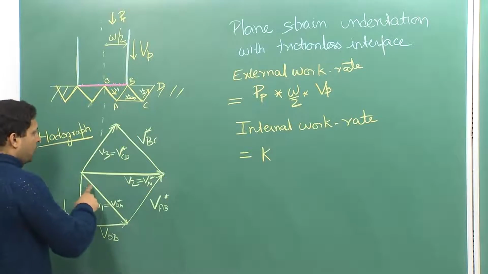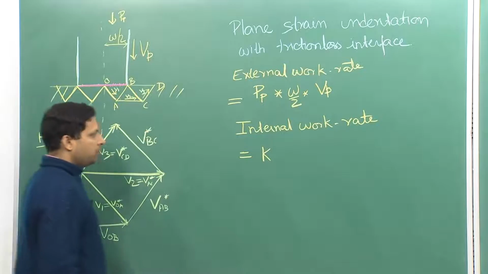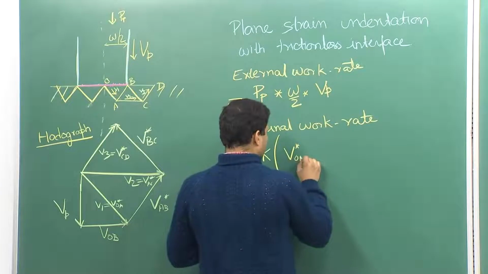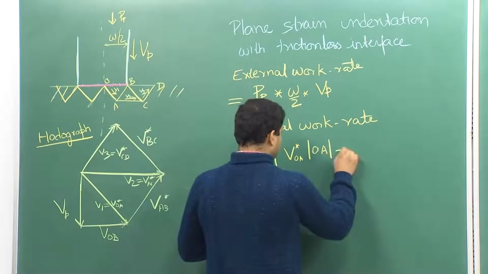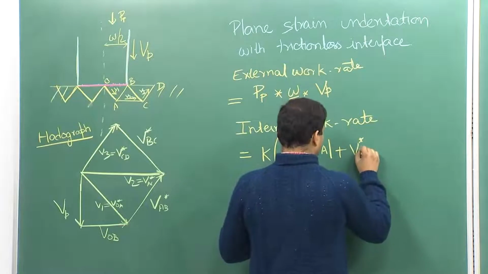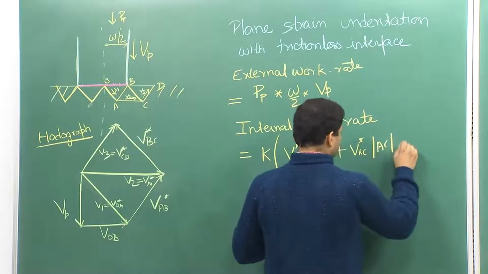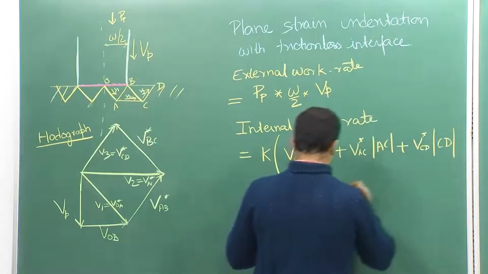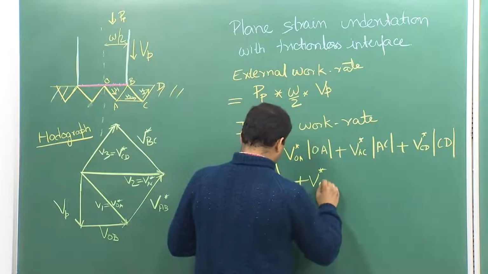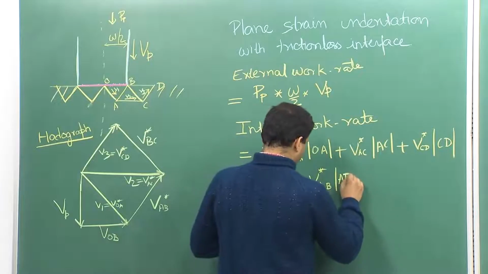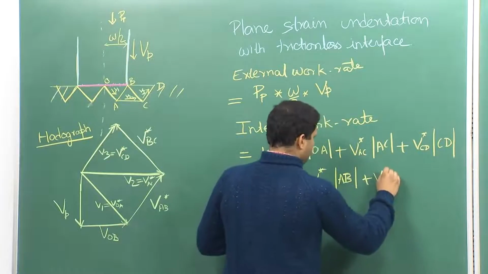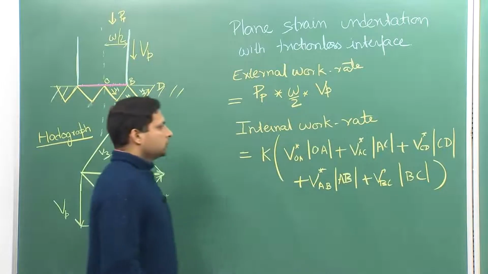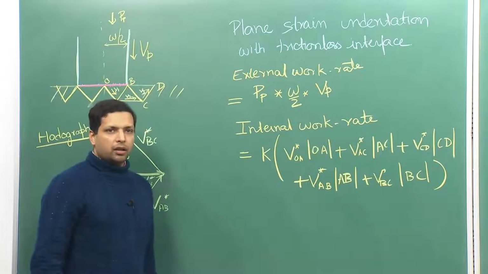We sum it over all these 5 different planes, so it will be K times the sum. This gives us the relation for internal work rate.